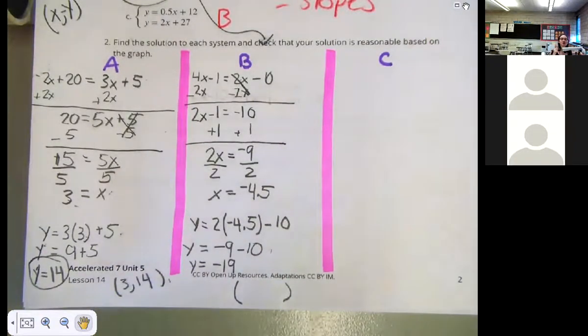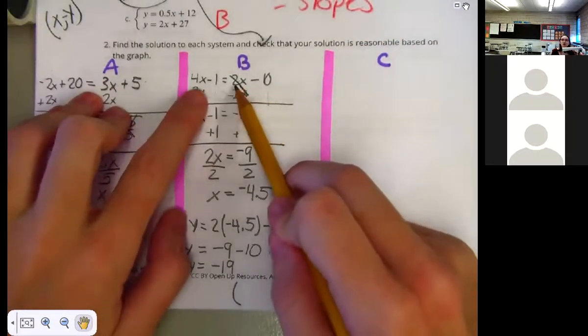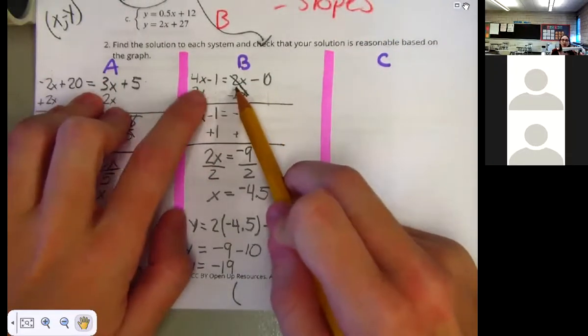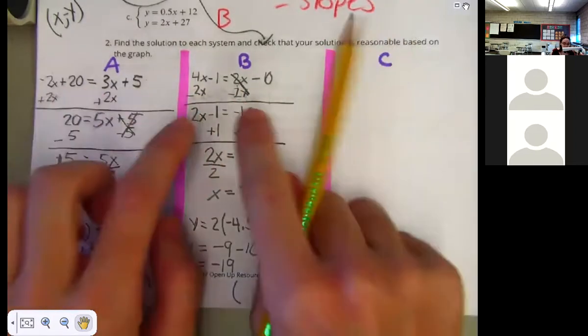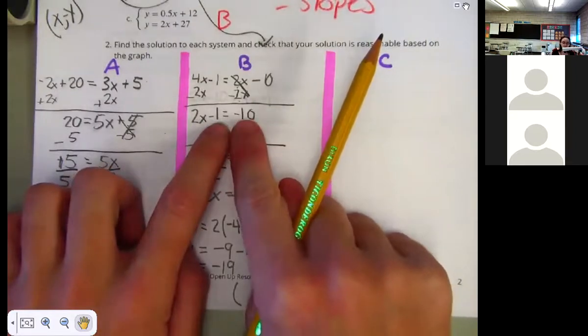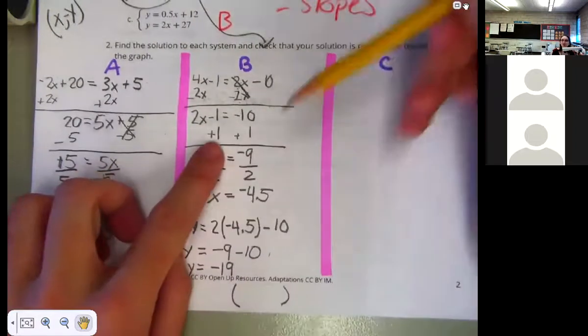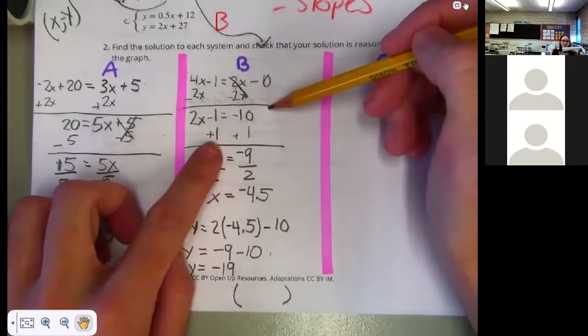So I'm starting at the beginning and I'm working through how I solve this. Check back on your Zoom screen. Here we go. So because this 2x was the smaller of our two variables here, I subtracted the 2x from each side. I was left with 2x minus 1 equals negative 10. Okay, so then I need to isolate or bring my constants to the right side or the opposite side.